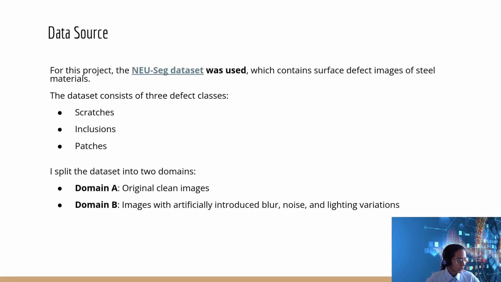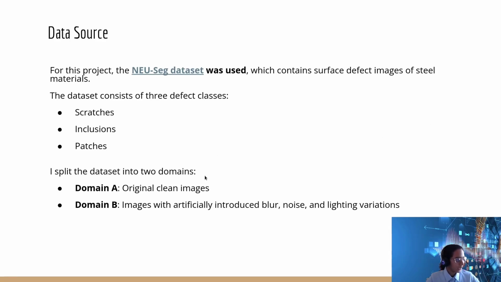Now for this project, I am using the NEU-Seg dataset. This dataset contains defect images of steel and has around 1700 images. It's split between training and validation data and it also contains the annotations file. So in this case, our objects would be the defects, and the rest of the material is the background.